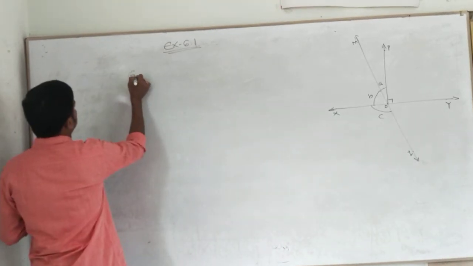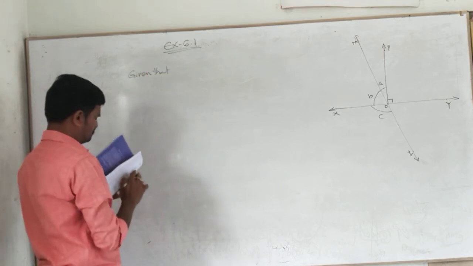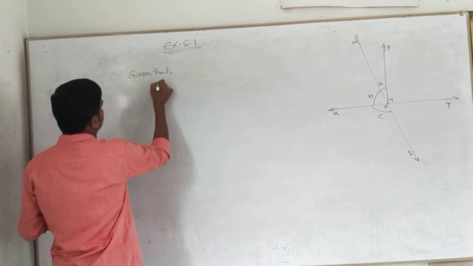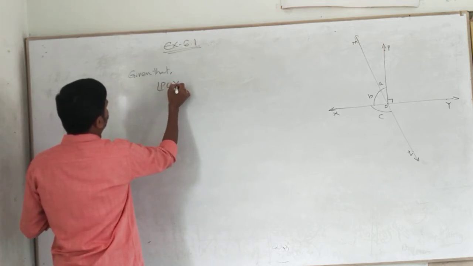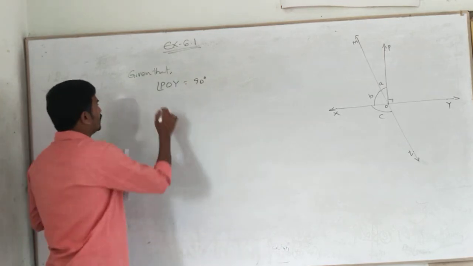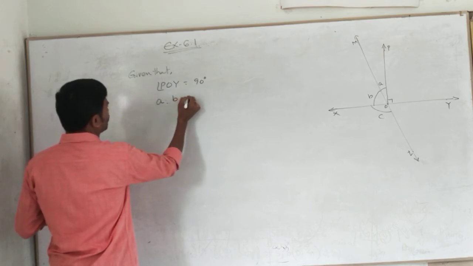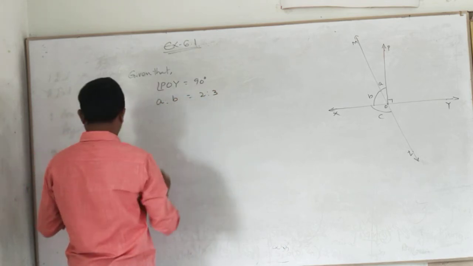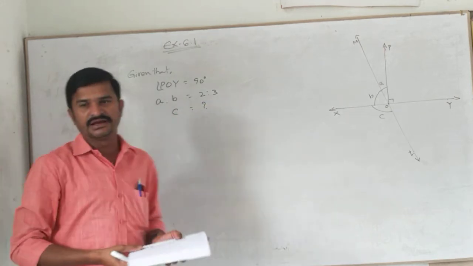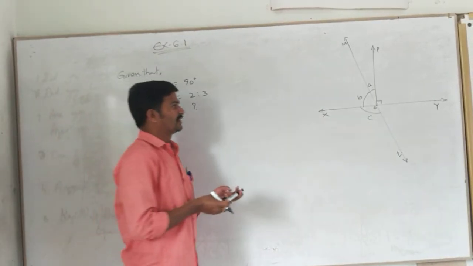Given that angle POY is equal to 90, and also another piece of information: A is to B is equal to 2 is to 3. And then we have to find the value of C. Isn't it? Okay.